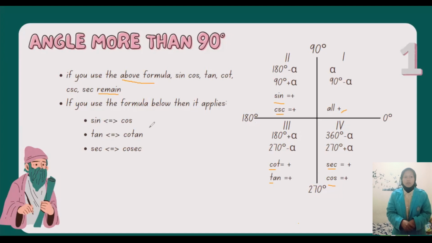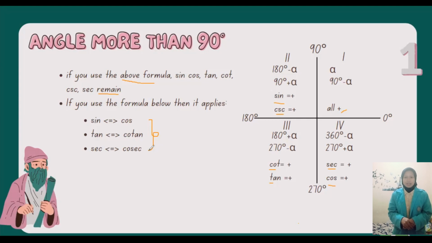And if you use the formula below, then it applies that sin transforms to cos and cos transforms to sin, tan transforms to cotangent and cotangent transforms to tan, secant transforms to cosecant and cosecant transforms to secant.